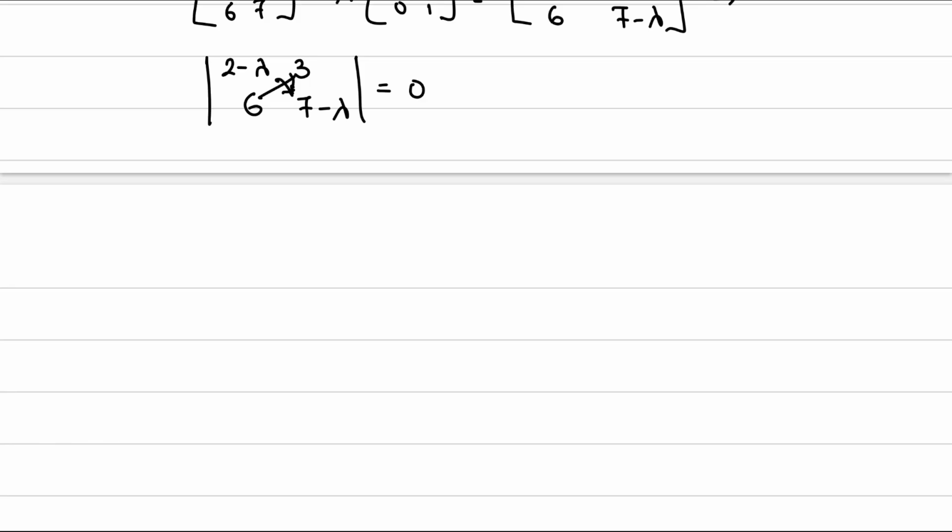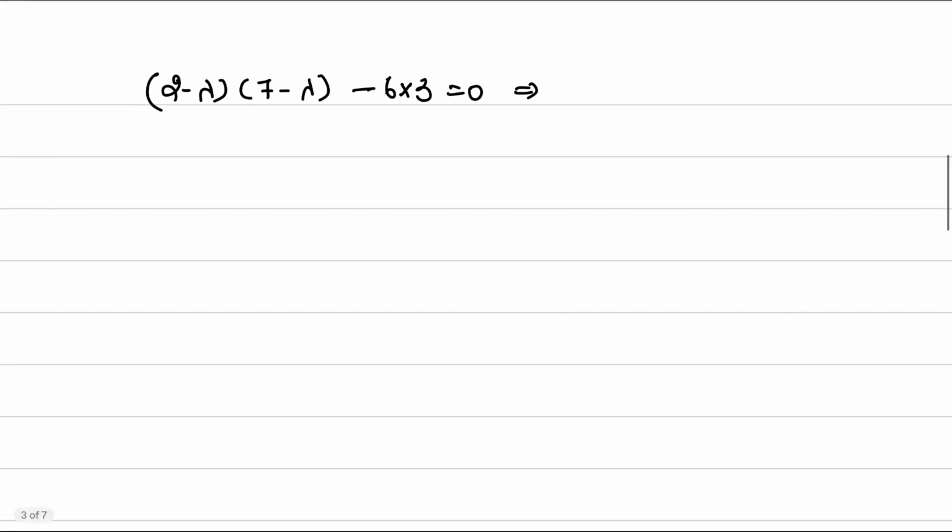This gives 2 minus lambda into 7 minus lambda minus 6 into 3 is equal to 0. That implies 14 minus 2 lambda minus 9 lambda plus lambda square minus 18 is equal to 0.